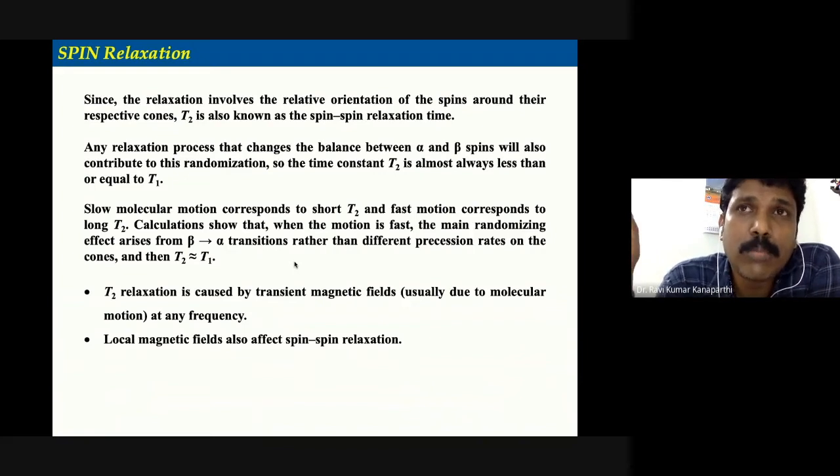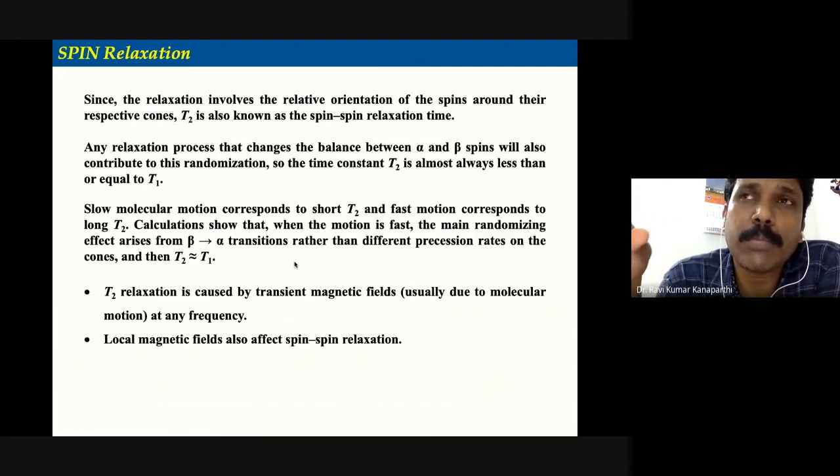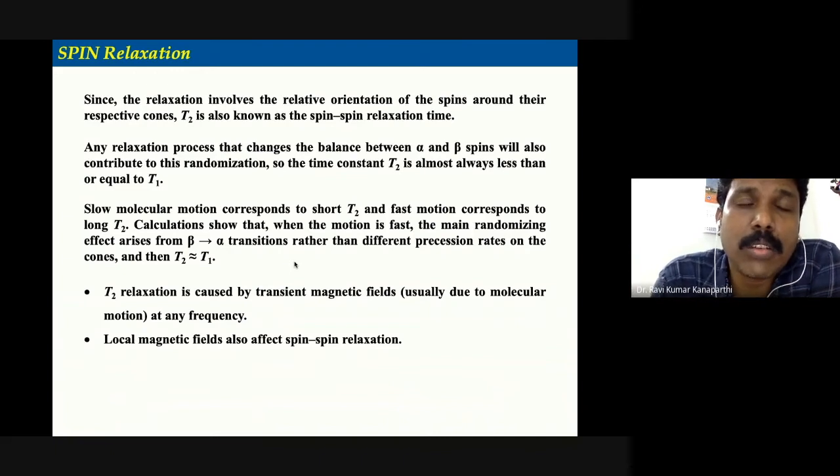It is nothing but re-establishing the population between the two nuclear spin states, that is, alpha spins are more and beta spins are less. That is the thermal equilibrium. After applying the pulse, you have a reversed population scenario that changes slowly, following an exponential curve, and the time taken for relaxing back to its original position is the spin lattice or longitudinal relaxation time.